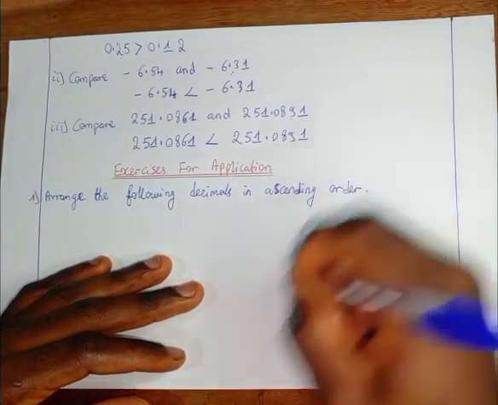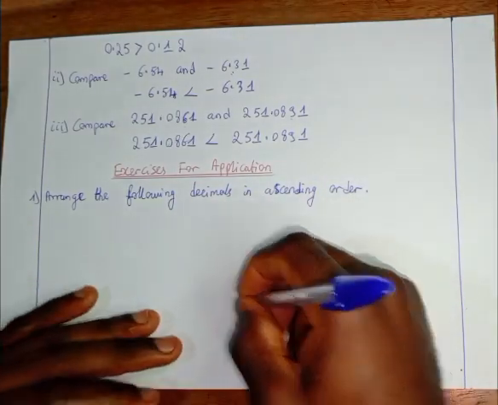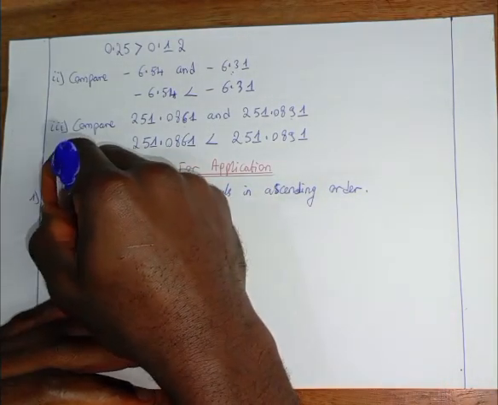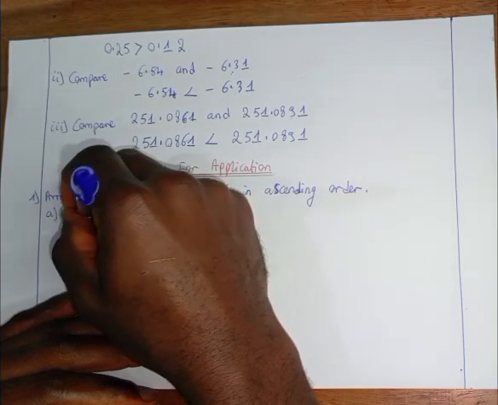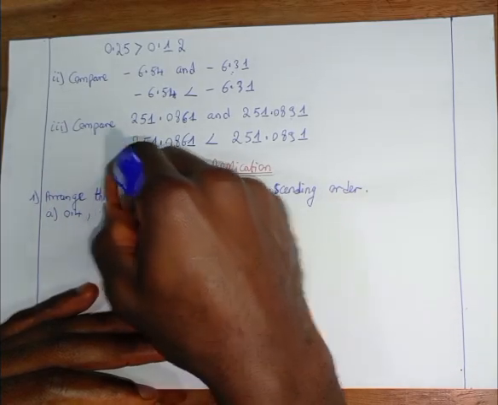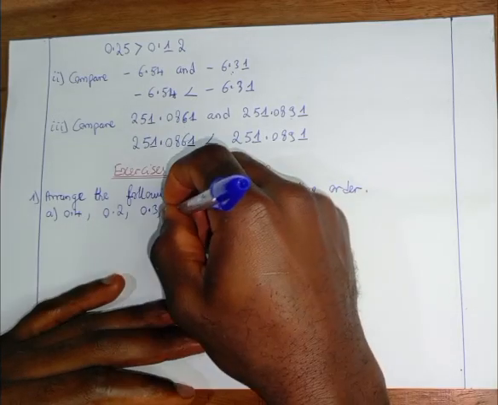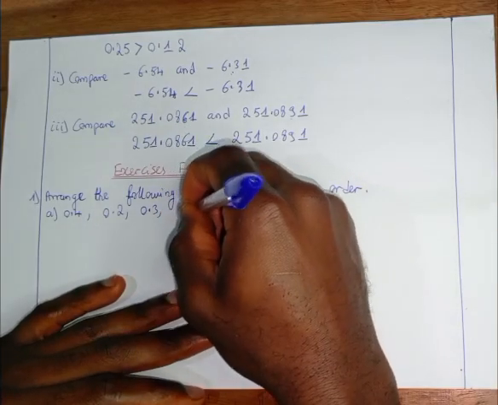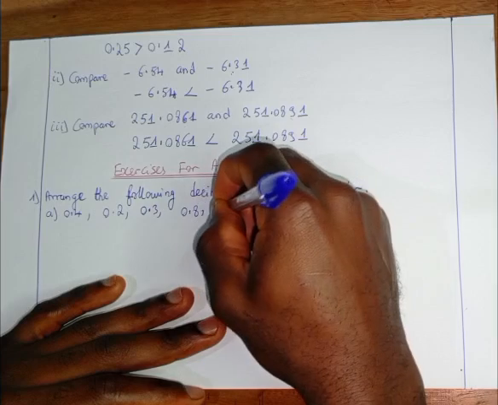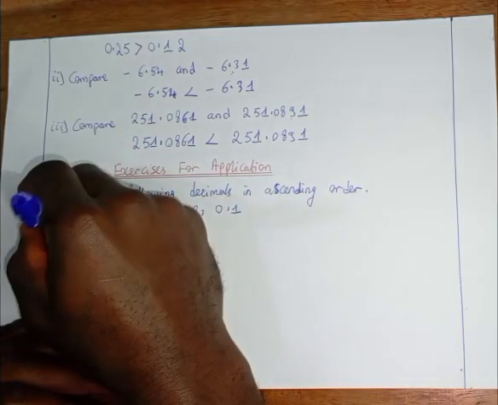Means from the smallest to the biggest. Here we have 0.4, 0.2, 0.3, 0.8, 0.1.